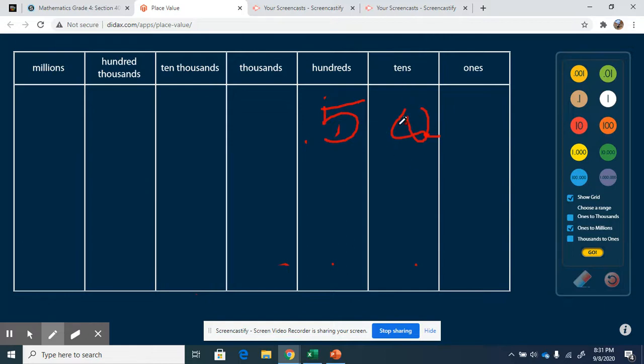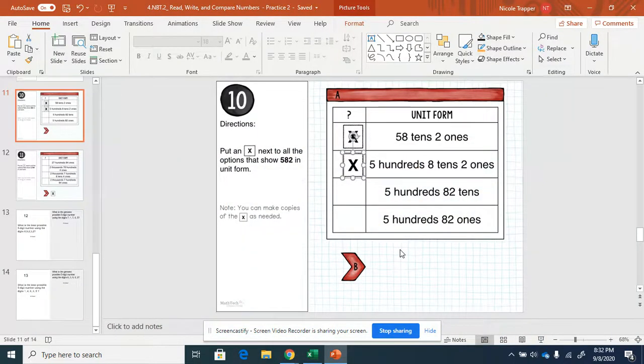So like we did before, this 8 tens is going to be bundled over here, and we're going to add to this one, and then that's going to give us 1300s. So I already know that if there's over 500s in this category, that it's not going to be equal to 582. So this one definitely is not correct. So that one is not right.